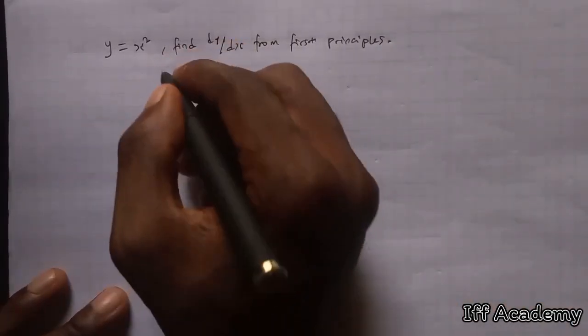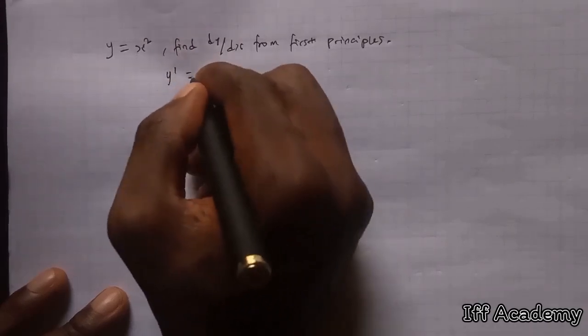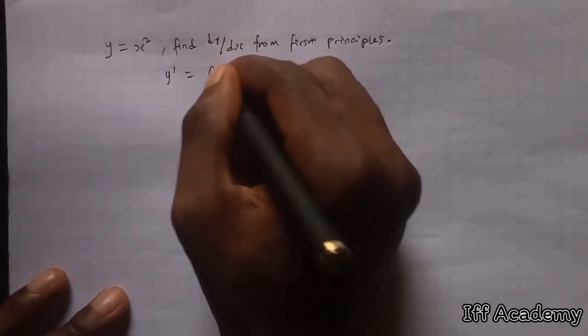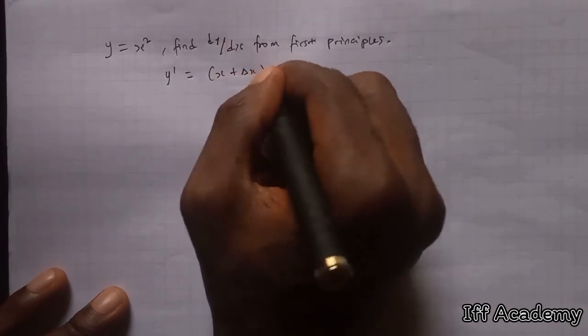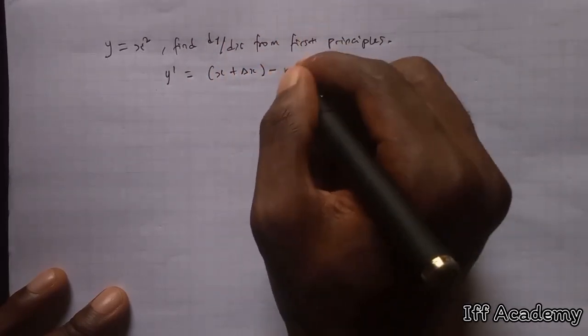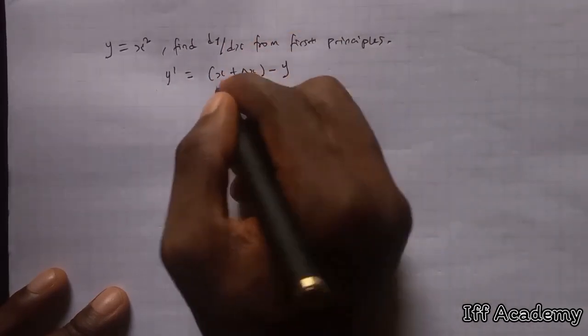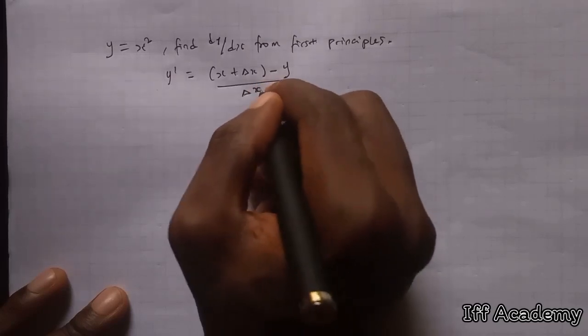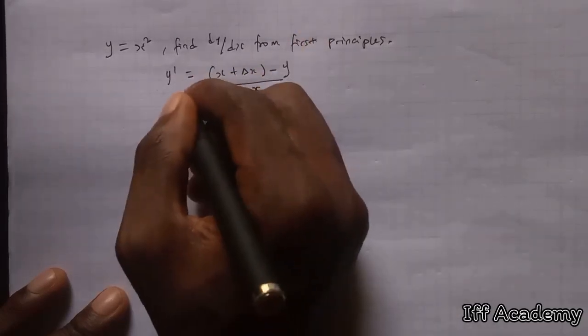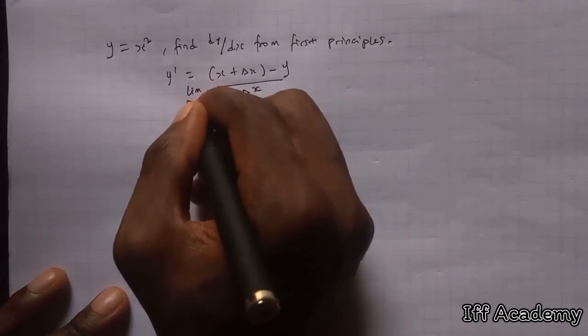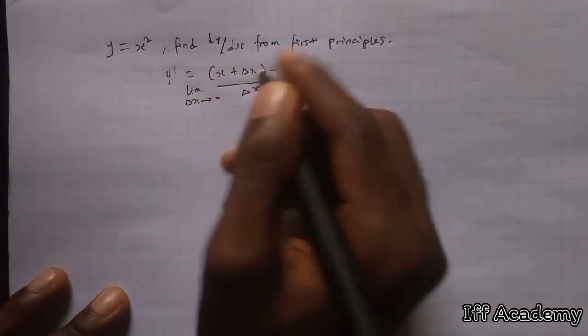So from first principles, your y prime will be x plus change in x minus y over change in x, as the limit of change in x approaches 0.